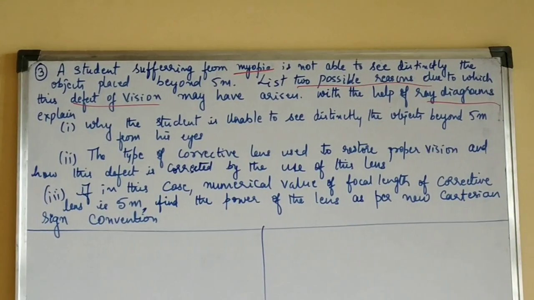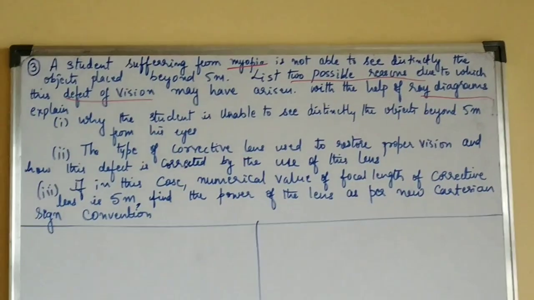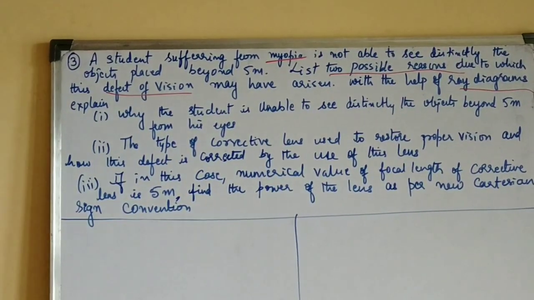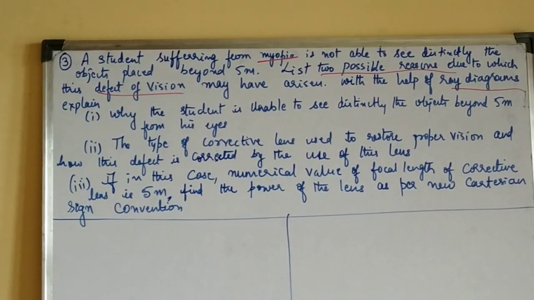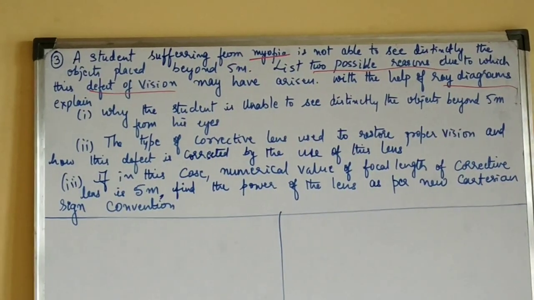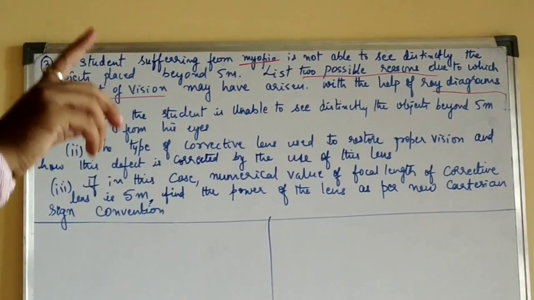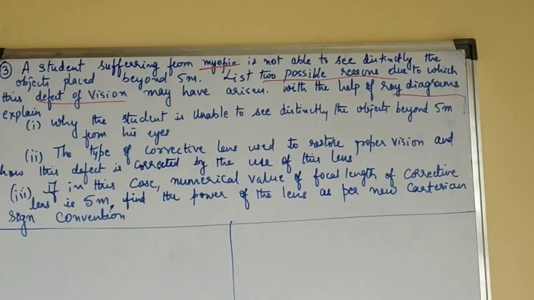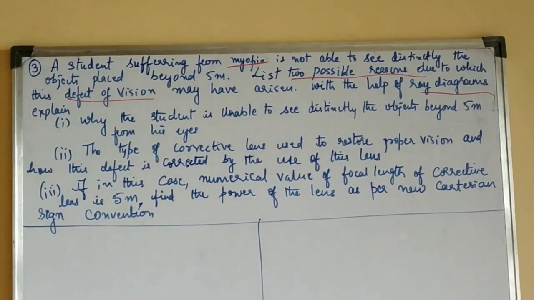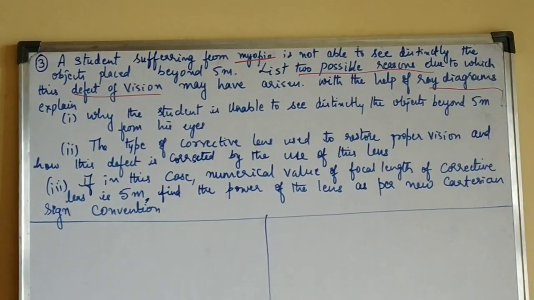One is the increase in the curvature of the eyeball. So that is one. One more thing is the decrease in the focal length.